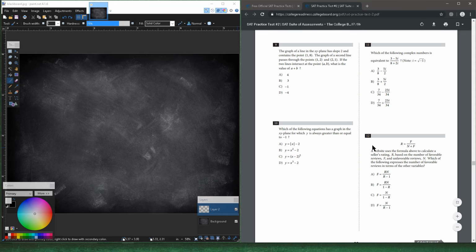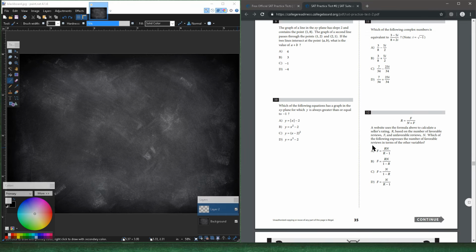Now, question 12. A website uses the formula above to calculate the rating R based on the number of favorable reviews F and unfavorable reviews N. Which of the following expresses the number of favorable reviews in terms of the other variables? So you want to have F equal to something, as shown by the answers.